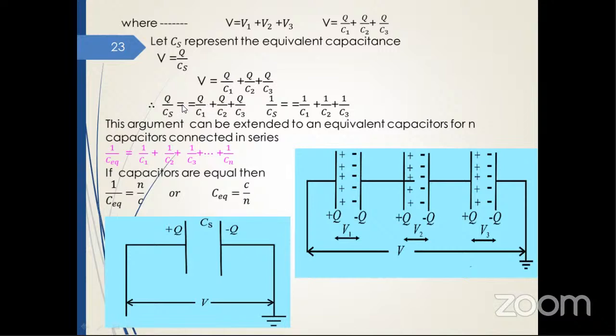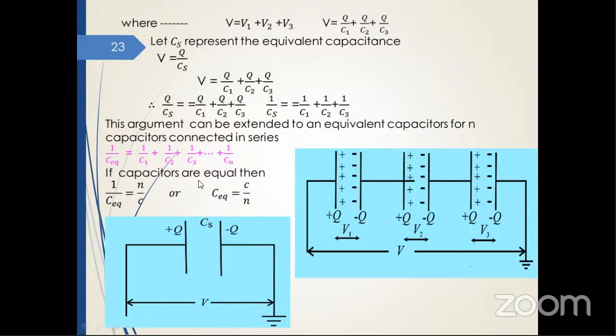Since Q is constant, this argument can be extended to n number of capacitors. Here, for our convenience, we have taken only 3 capacitors. For n capacitors, 1 upon the equivalent capacitance is equal to 1 upon C1 plus 1 upon C2 plus 1 upon C3 plus up to 1 upon Cn.